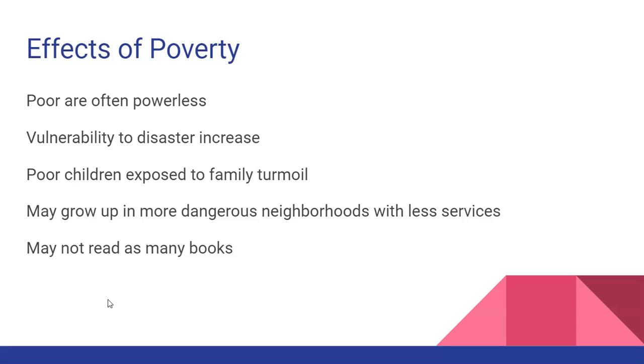They may grow up in more dangerous neighborhoods, and because of that, they may not have the best schools. They may not have the best school system, and because of that, they may not have access to as many services compared to children that have families that live above the poverty level.